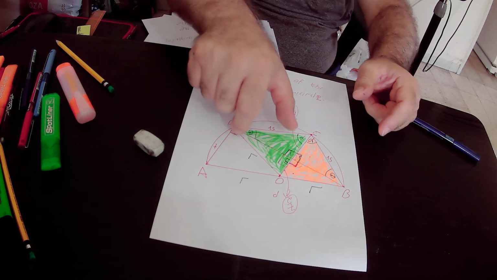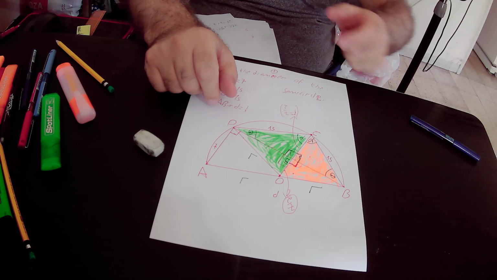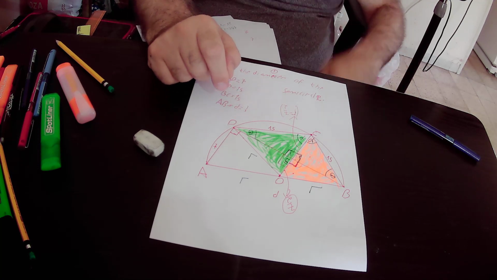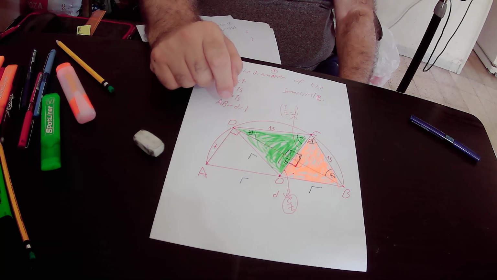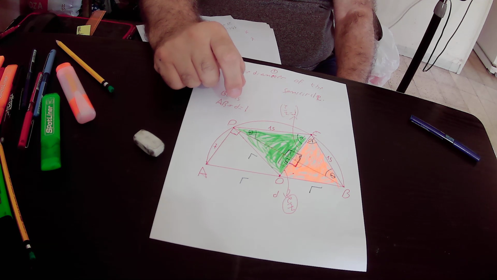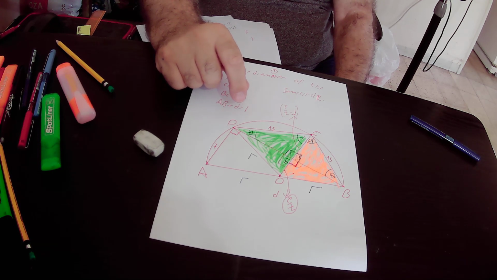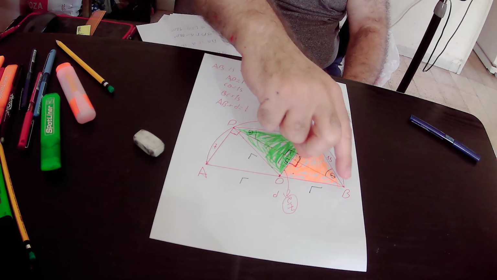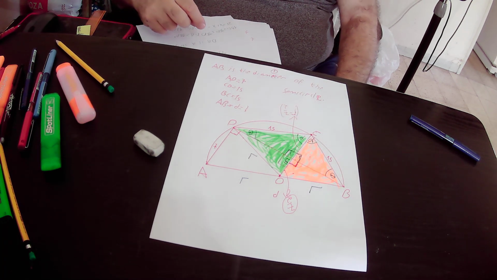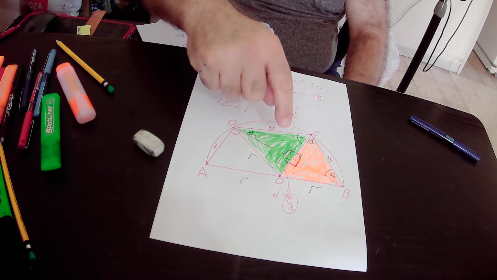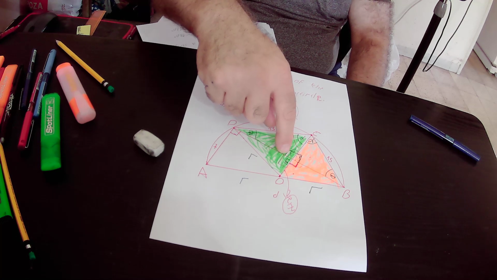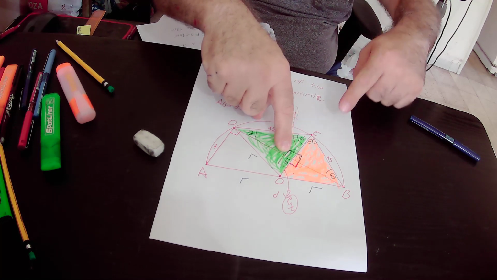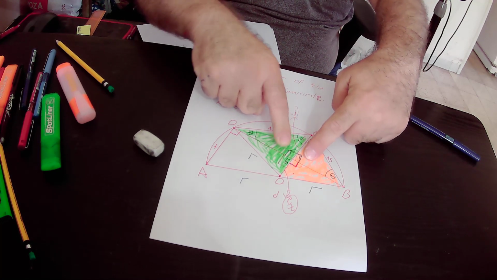Therefore, DE equals EB according to the rule that corresponding sides in congruent triangles are equal to each other. So DE equals EB, and also angle DEC equals angle BEC.